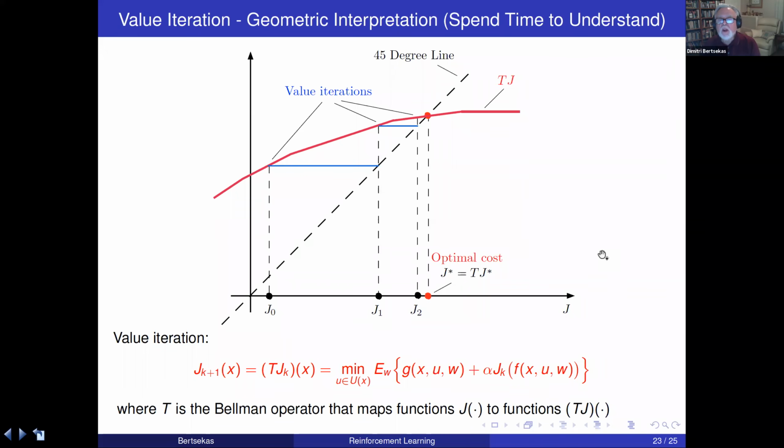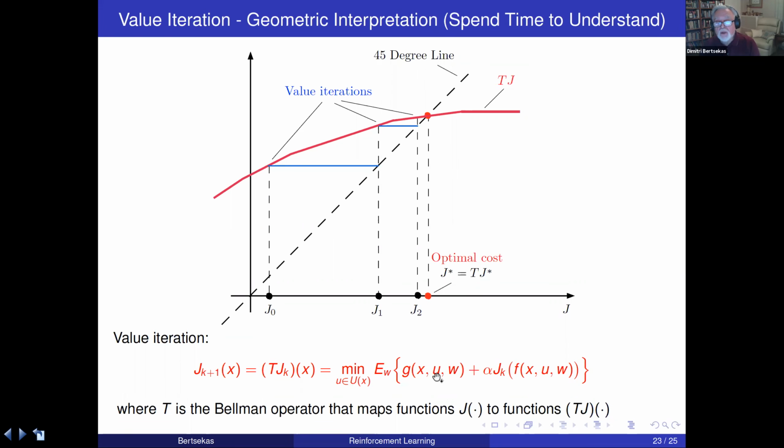And you may notice also that some characteristics of this red graph here, the right-hand side of Bellman's equation that involves this minimization, is concave. And I've drawn it here as piecewise linear. Now, this corresponds to the case where the number of states is finite and the number of controls is finite.